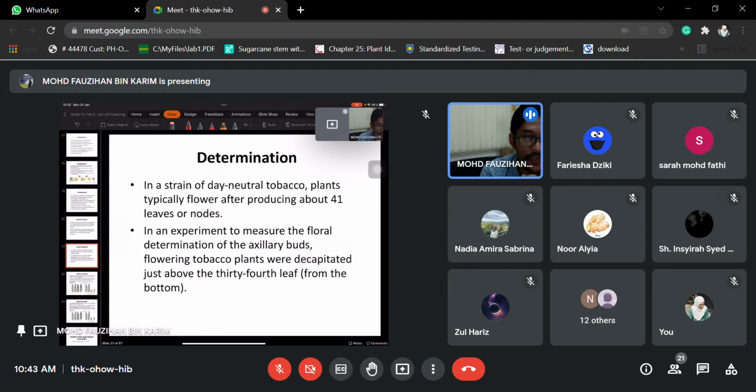For example, a tobacco plant normally starts flowering after 41 leaves or nodes.